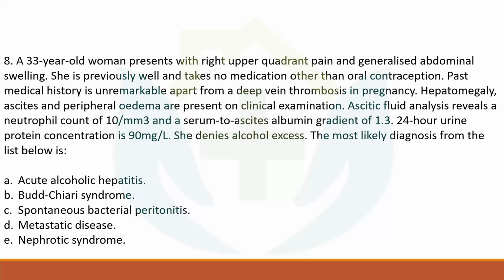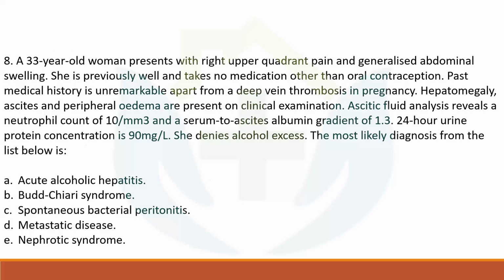So next, this is a 33-year-old woman presenting with right upper quadrant pain and generalized abdominal swelling. She previously takes no medications other than oral contraceptive. Past medical history is unremarkable, apart from a deep vein thrombosis in pregnancy. Hepatomegaly, ascites, peripheral edema is present.